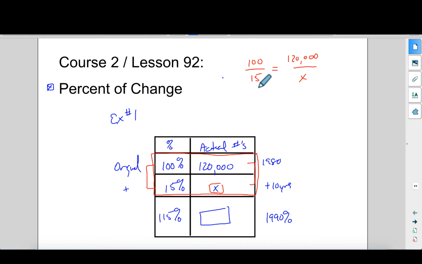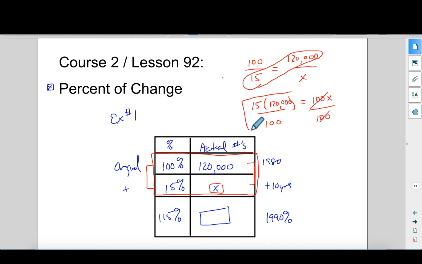I can solve for x. How do I do that? I cross multiply. So I say 15 times 120,000 equals 100x. How do I get x by itself? I divide by 100 on both sides. These cancel off, and this is my equation to find out what x equals.